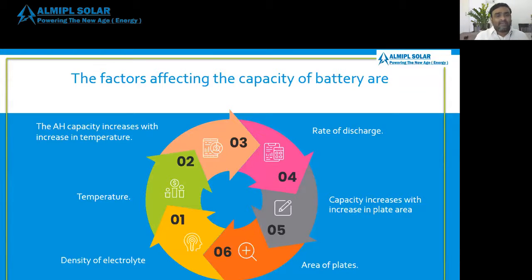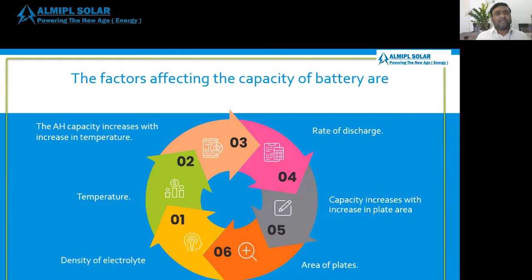If you take 100% battery storage, like in a mobile where the display shows 100% battery storage, every battery has a storage capacity of 100%. Based on the discharging only, the battery life will be increased.